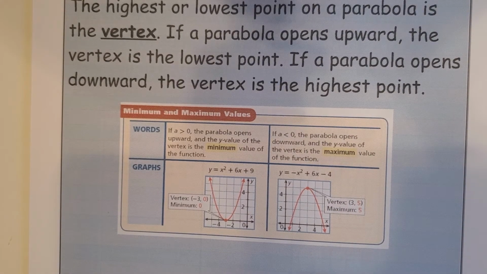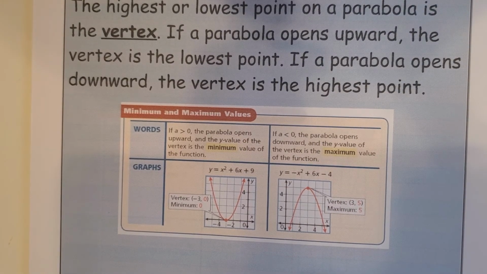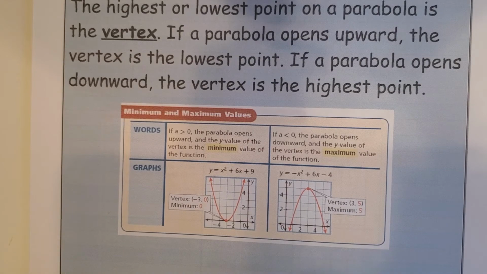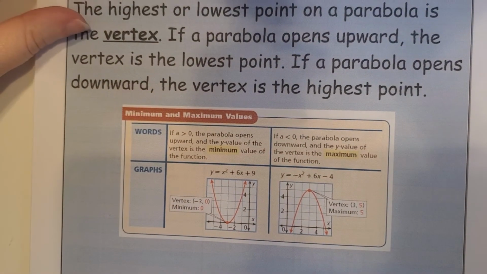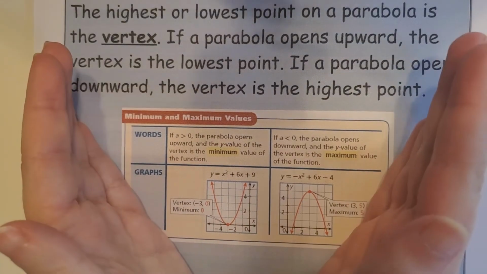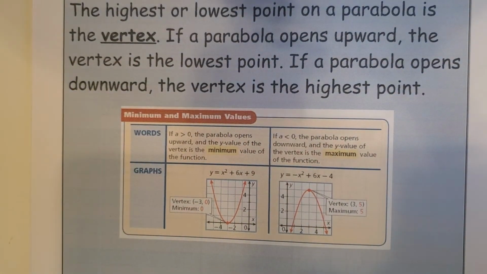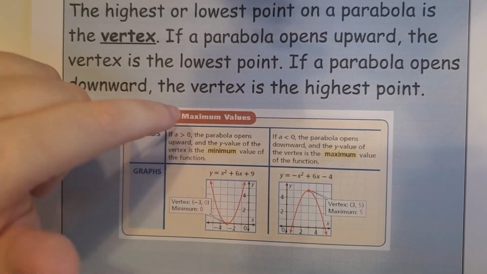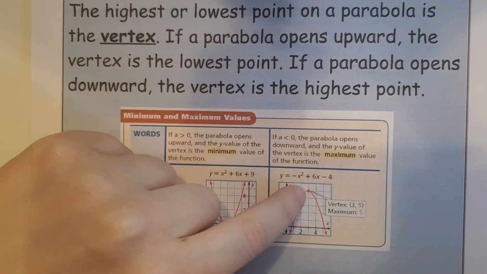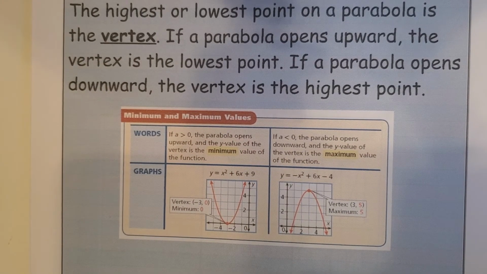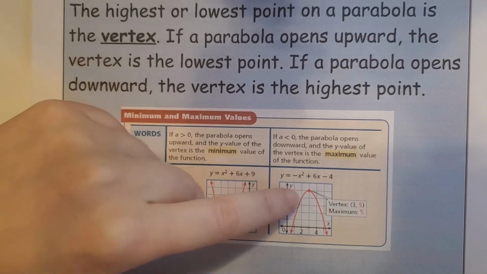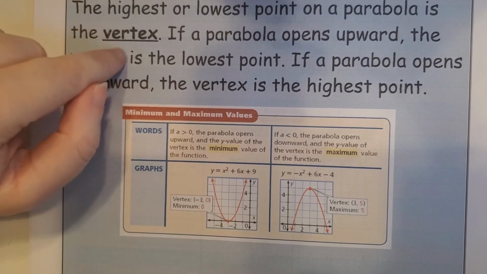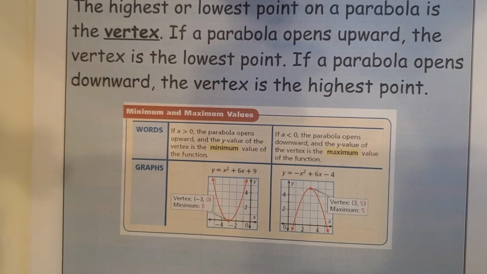That point that I had mentioned earlier, if you rewind, you can see this again visually with your bowl shapes. Bowls like this, these curves, have a highest point or a lowest point depending on whether they're facing up or down. This highest or lowest point is called the vertex of your parabola.